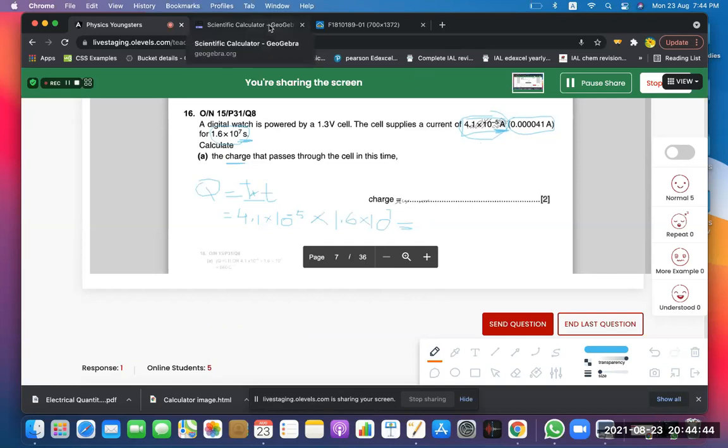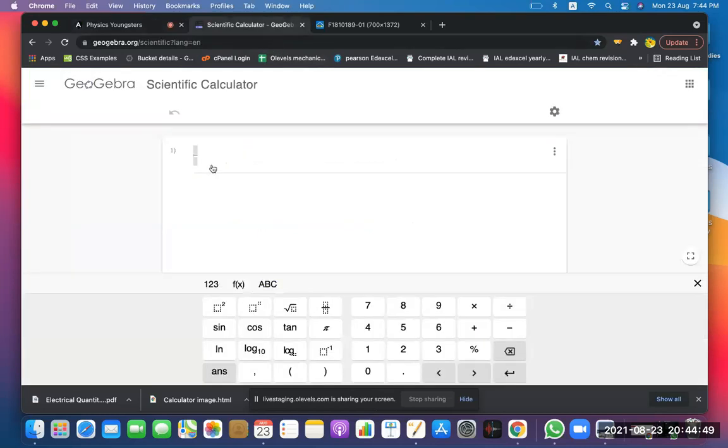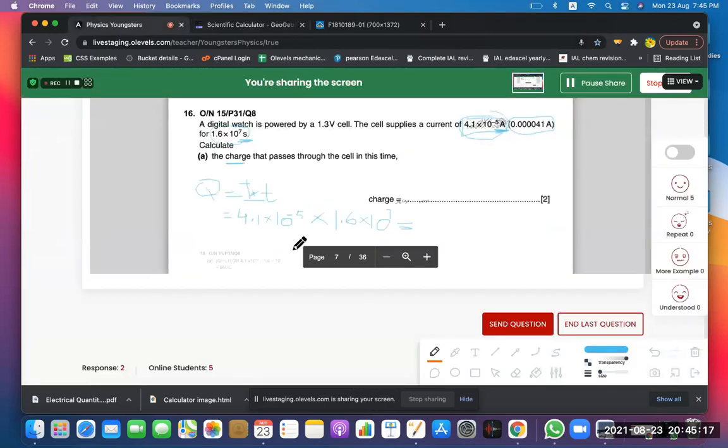So I can write it down here in my calculator. 4.1 multiplied by 10 to the power minus 5. Just wait a minute. I'm calculating for you. Everyone who's not getting it, see my calculation. 10 to the power minus 5. So minus 5.